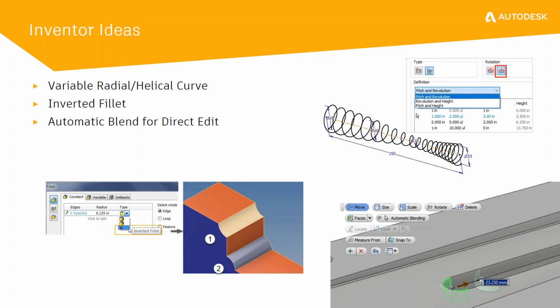You can also create a fillet with either convex edges or concave edges. And previously, when using Direct Edit, you could only rotate or move a face feature to another location, but now automatic blending, which is a reblending technology that automatically moves adjacent tangential faces, can help create new blends if required, as is available when you move or rotate a face.